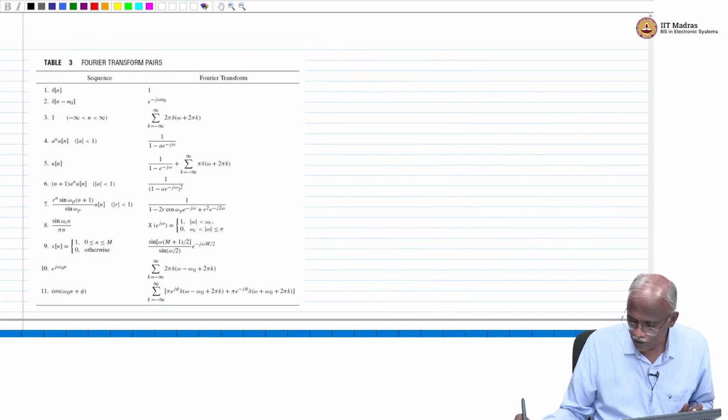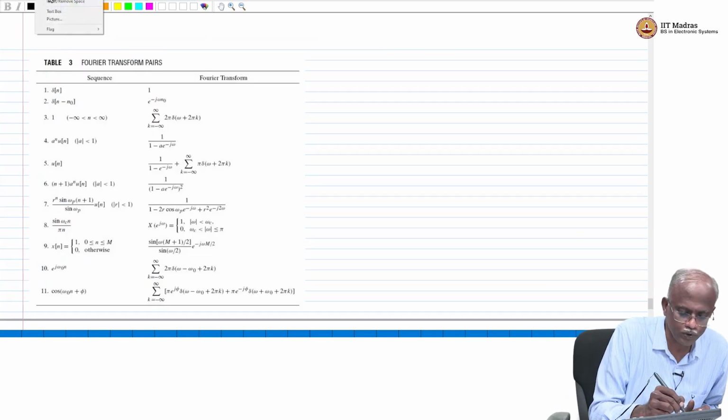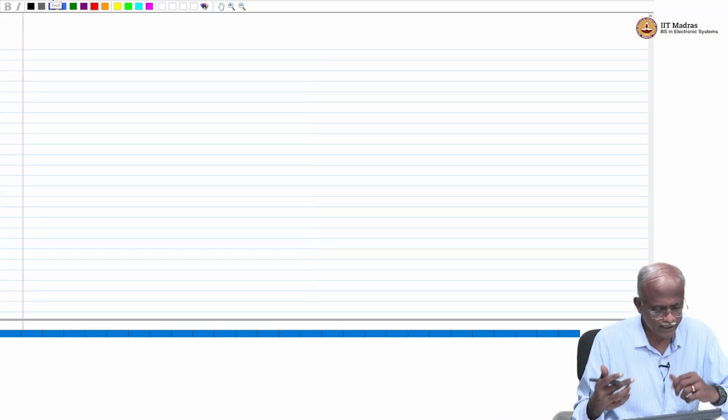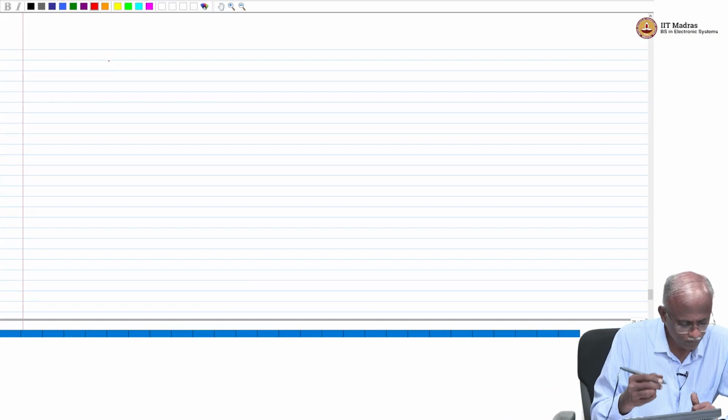Okay, so to conclude today's session, let me give you just a quick numerical example which tells us the properties of the discrete time Fourier transform.